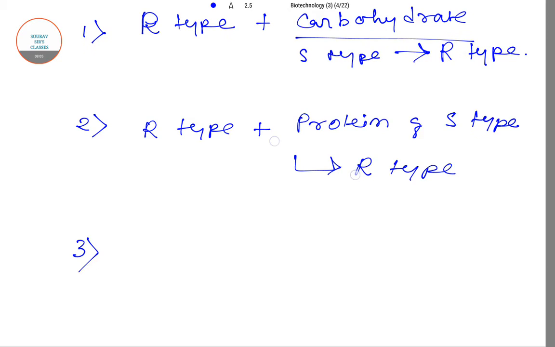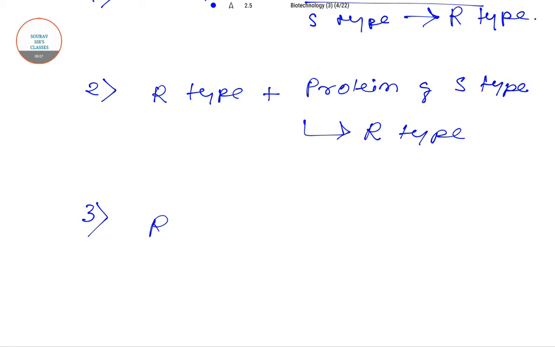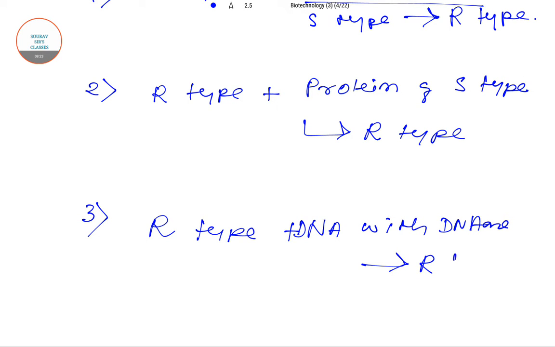The third condition is when the rough type is given the DNA with DNase; in that case we get the rough type.